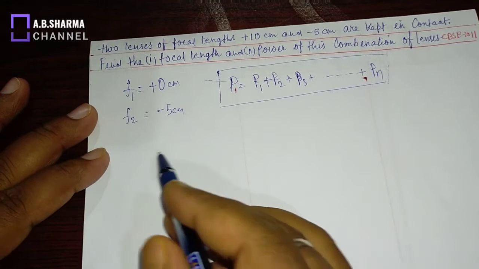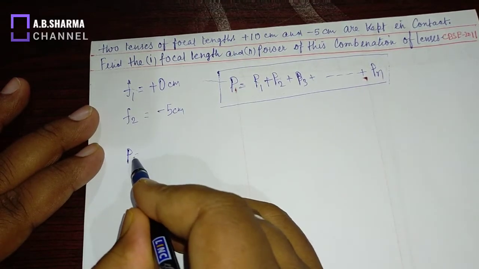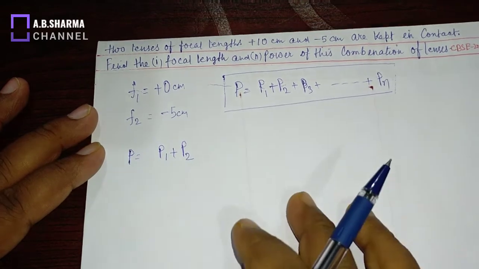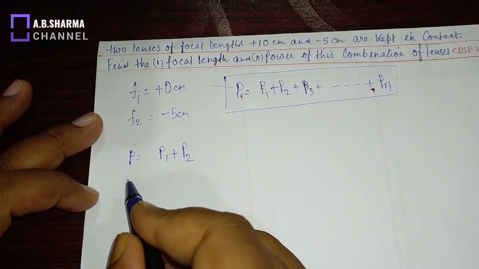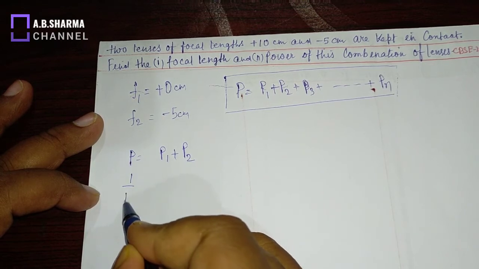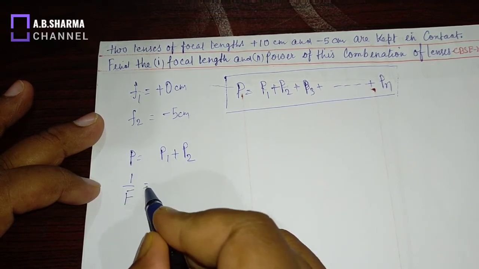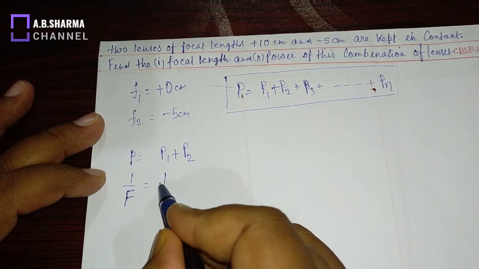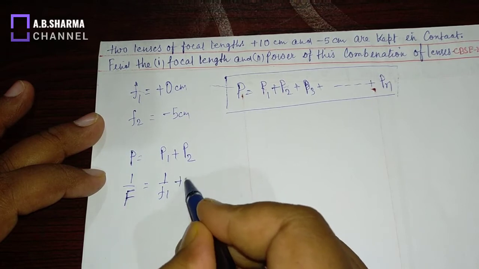So we can write P equals to P1 plus P2 from the formula of combination of lenses, and P equals to 1 over F, we know. Let this is capital F, focal length of the combination, and this is 1 by F1 plus 1 by F2.